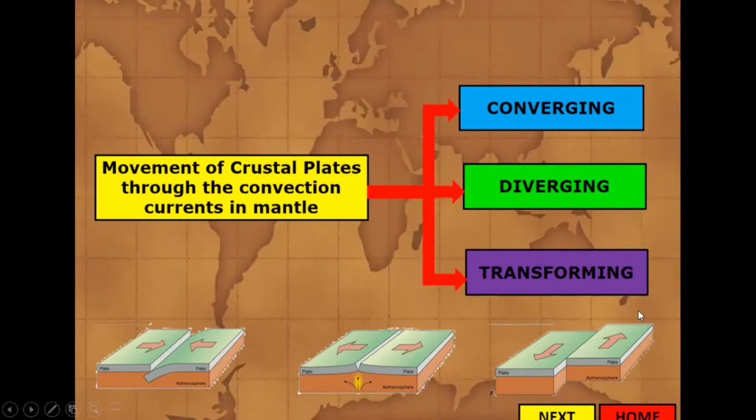In the third case, the plates move in a lateral position, oppositely. These are the results of the movement of crustal plates because of the convection current in the mantle.